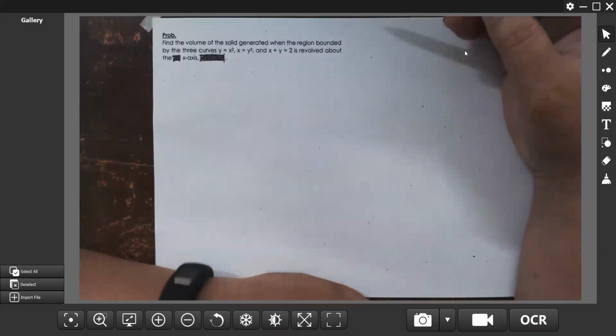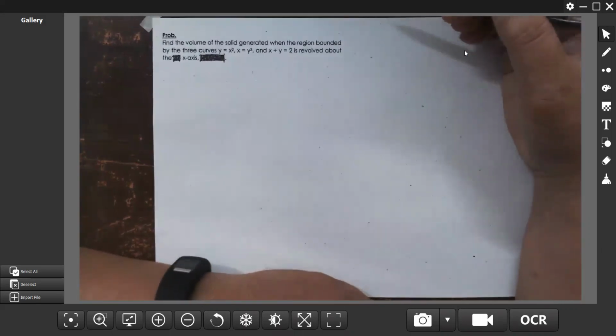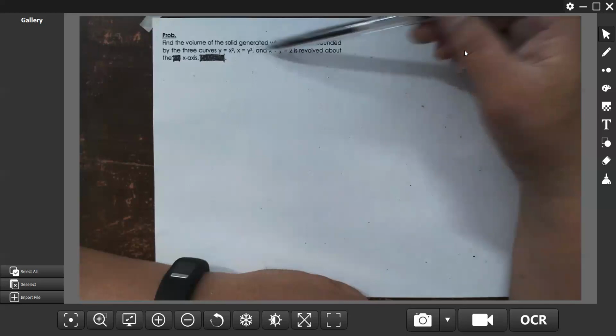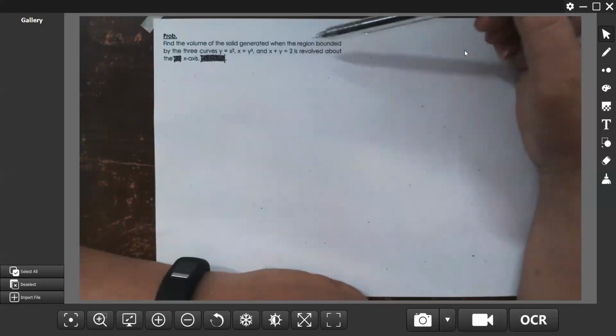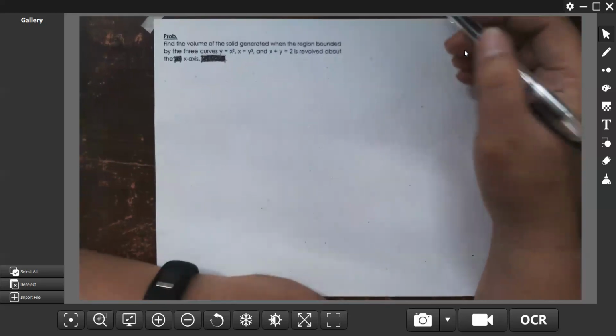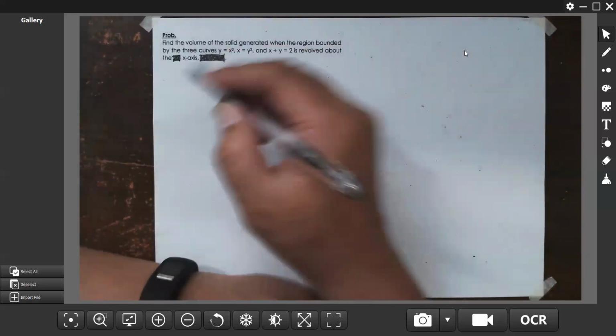Find the volume of the solid generated when the region bounded by the three curves y equal to x squared, x equal to y cubed, and x plus y equal to 2 is revolved about the x-axis. Okay. So let us denote these as our curves.